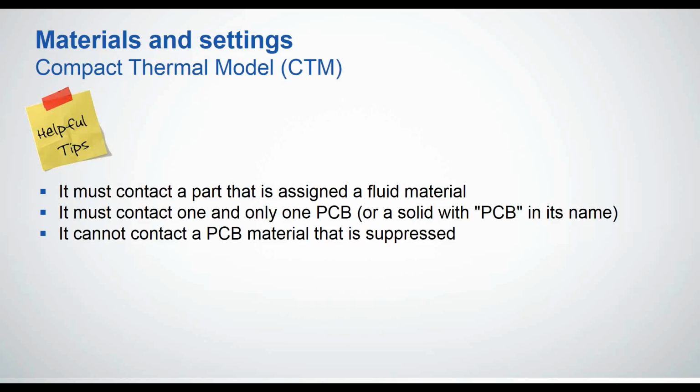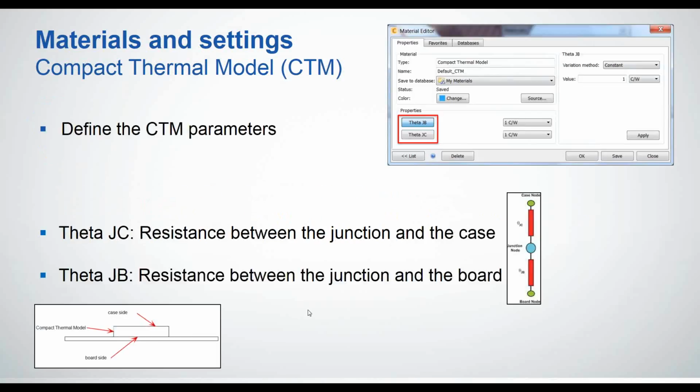And let's move to the material editor. So here we have only 2 parameters to define in the CTM model on the material editor. We have the theta JC and the theta B, which are the resistances between the different nodes.